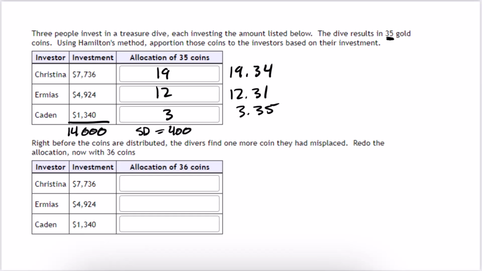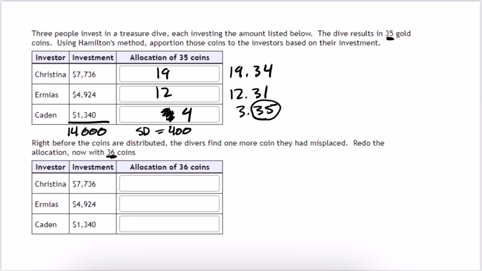Because Caden's decimal is the largest decimal, we'll give that extra gold coin to Caden, and he would get 4 of the gold coins that they found. So this would be kind of like what happened with the states before they decided to adjust the number of representatives.